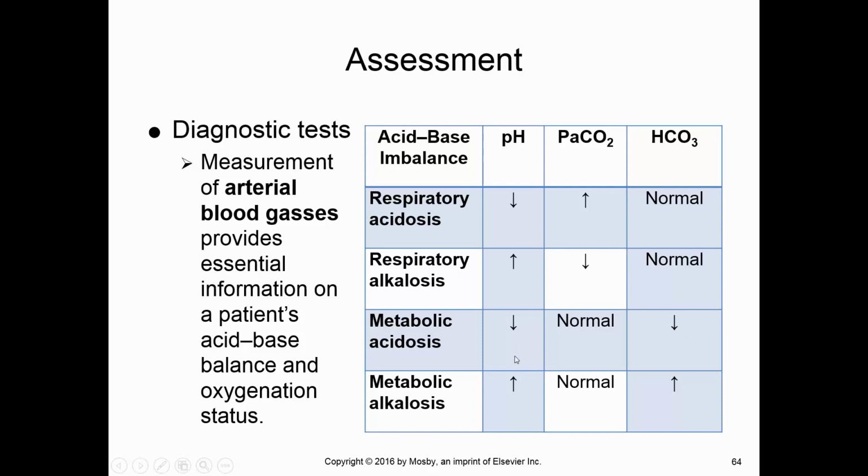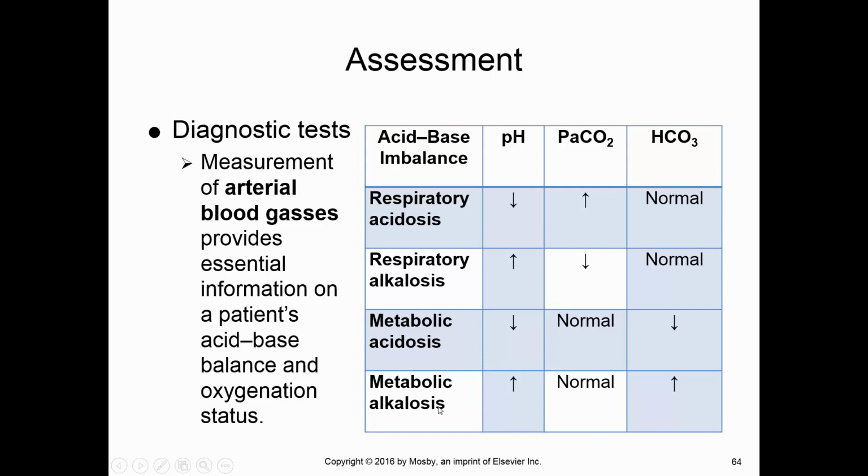Now, if our lungs kick in and try to compensate, if it's compensated, this will be normal. Our pH will be normal. Then we will see that our PCO2 is low because our lungs are trying to blow off acid to compensate for this low bicarbonate. Okay?